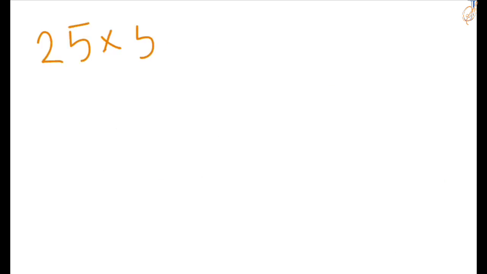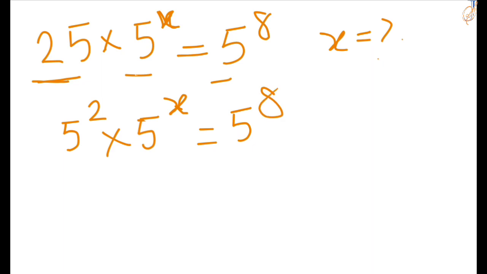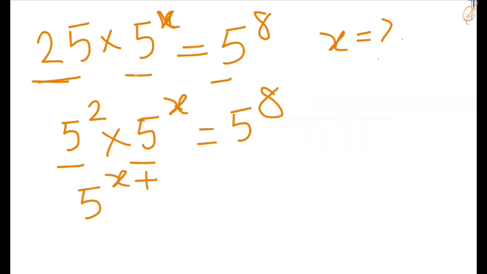25 times 5 power x is equal to 5 power 8. Find the value of x. Here is 25, convert into 5, that is 5 square times 5 power x, that is equal to 5 power 8. Here the bases are the same. When multiplying we can add the powers: 5 power x plus 2 is equal to 5 power 8.